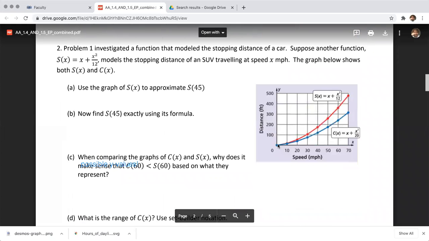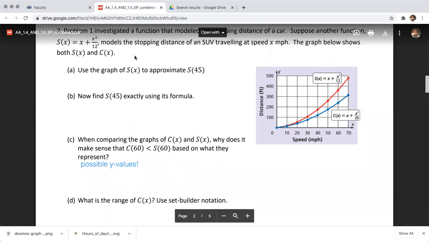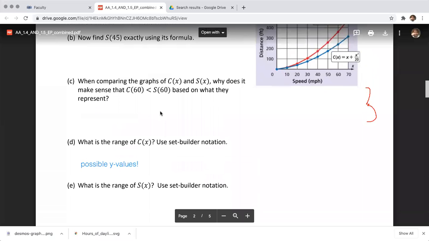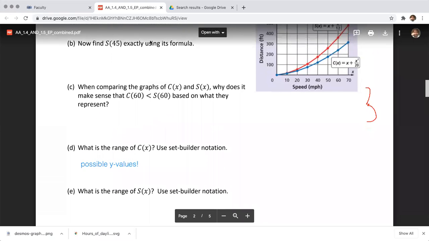So the range is given by this total range, the y values, from 0 to 315. Scrolling back down here, the possible y values in set builder notation are y such that 0 is less than or equal to y, which is less than or equal to 315.